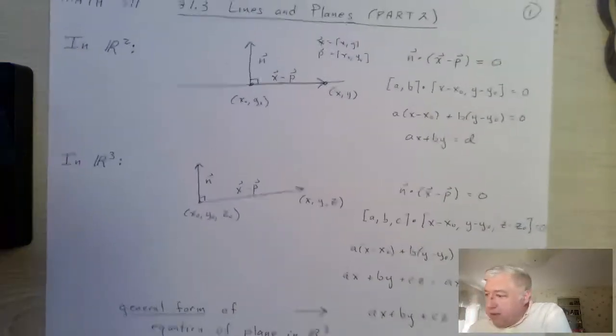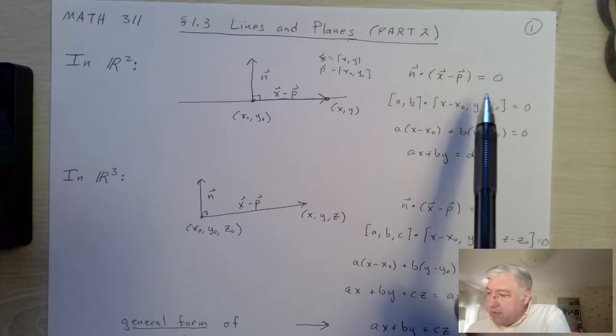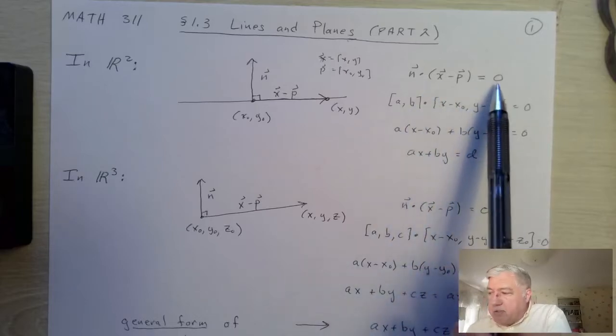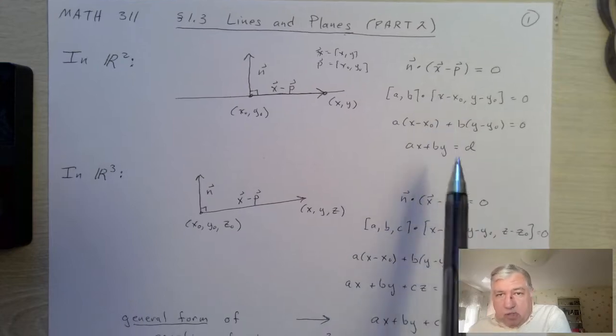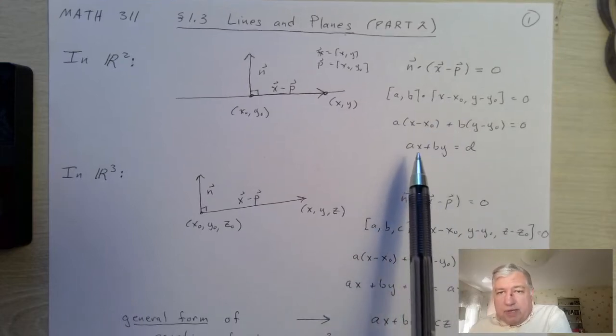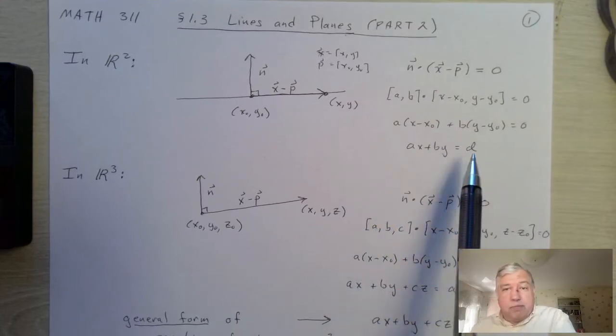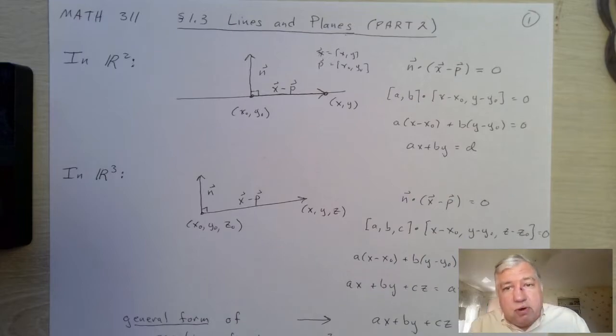Then we define it this way, and that's a dot product, because we wanted these vectors to be orthogonal, and when we multiplied things out, we got something times x plus something times y equals some constant, which is the general form of an equation of a line in R2.